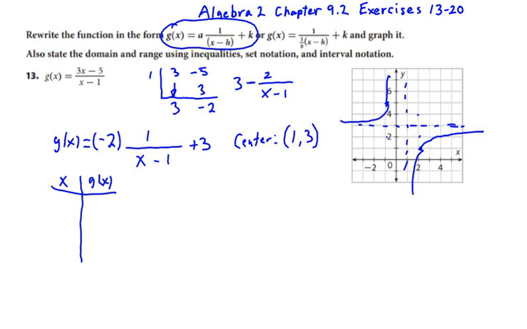Actually, I'm off by 1 here because we had to go left 1, up 1, so it's going to be like this. There we go.